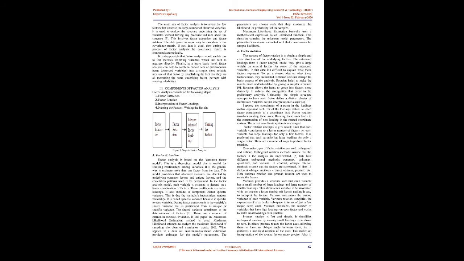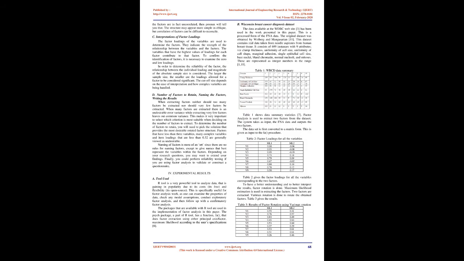Ultimately, the simple structure attempts to have each factor define a distinct cluster of interrelated variables so that interpretation is easier. Suppose the coordinates of a point in the loadings matrix represent each row of the loadings matrix, i.e., each factor corresponds to a coordinate axis. Factor rotation involves rotating these axes.